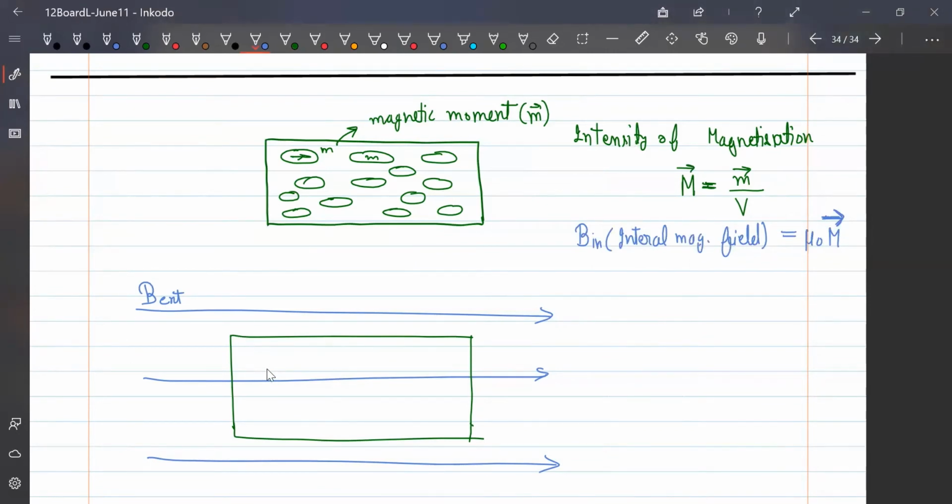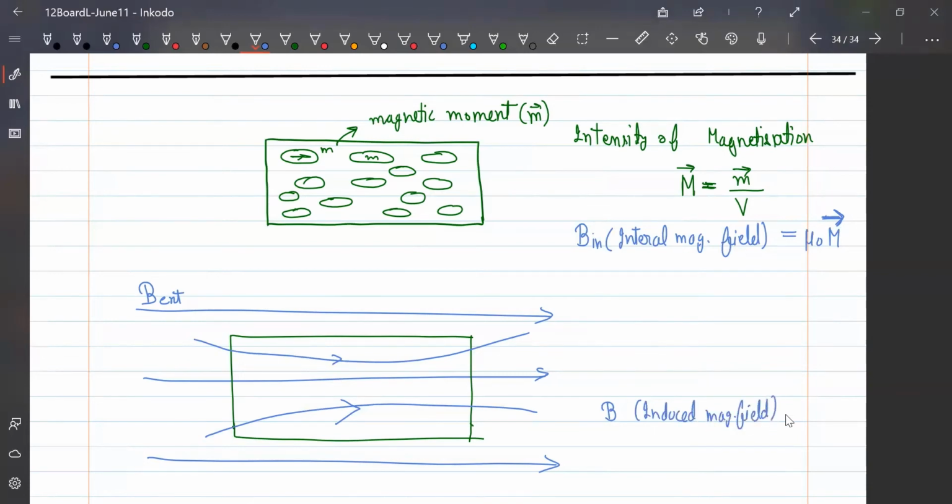इसके बाद जब external magnetic field apply करते हैं, so what we get is an induced magnetic field. इसमें फिर induce होता है magnetic field, and that induced magnetic field, external की वजह से जो induced magnetic field है, that is called as mu naught into H vector, where H vector is called magnetic field strength.